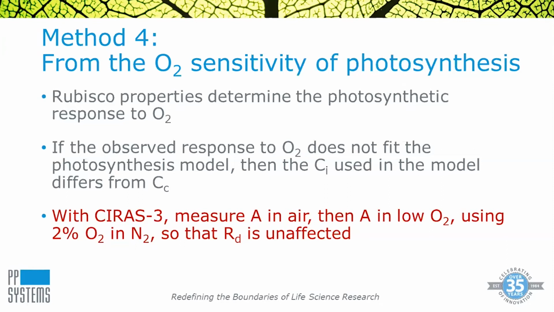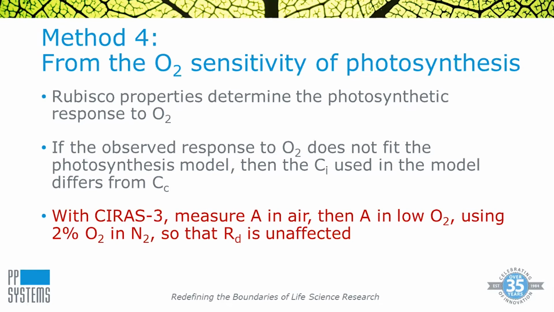So what we do is we compare how well the model is fitting both the 21% oxygen measurement and the low oxygen measurement, and then we put in different values of mesophyll conductance to find out what fits best for CC.